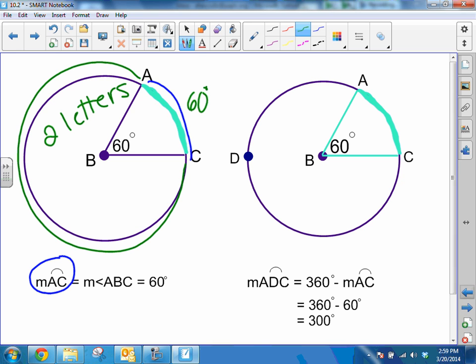Where you have arc AC still being 60, but now I want to know the measure of arc CDA, which, what is that degree? 300, because it's 360 minus your central angle. So now for a major arc, jot down, you need 3 letters. Okay? So I don't want to label both a minor and a major with 2 letters because really I could be talking about either one, right?